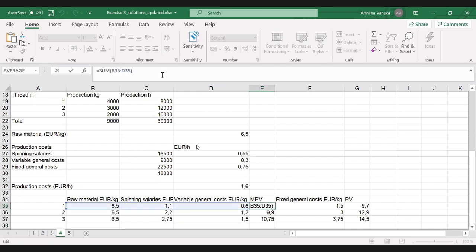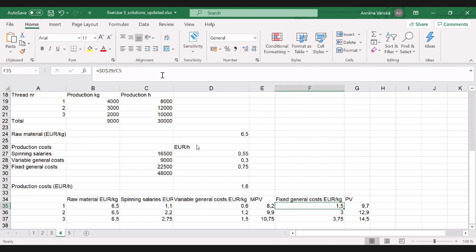Counting those all together, we get the minimum production value. So remember, in the minimum production value, it's only those very minimum costs, so the direct costs that are clearly and directly linked to the product, meaning raw material, salaries. And then in calculating the production value, we also add the fixed cost there as well. Same thing here, fixed cost price tag.